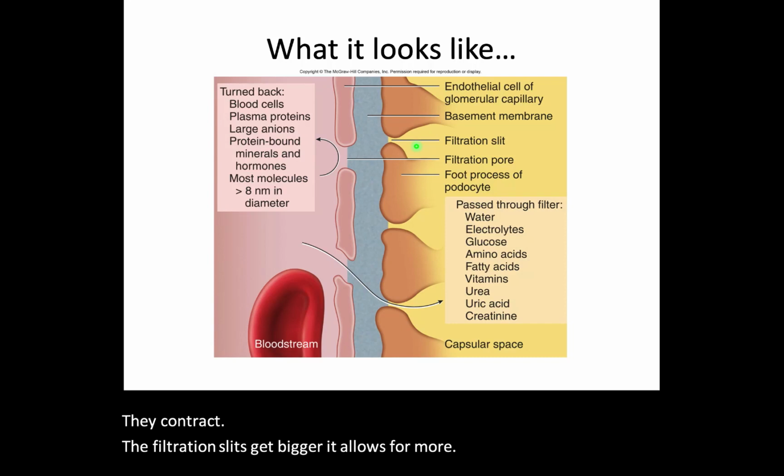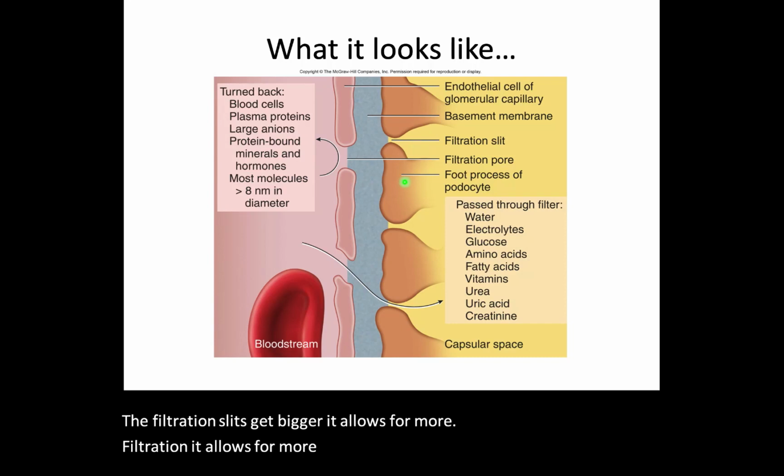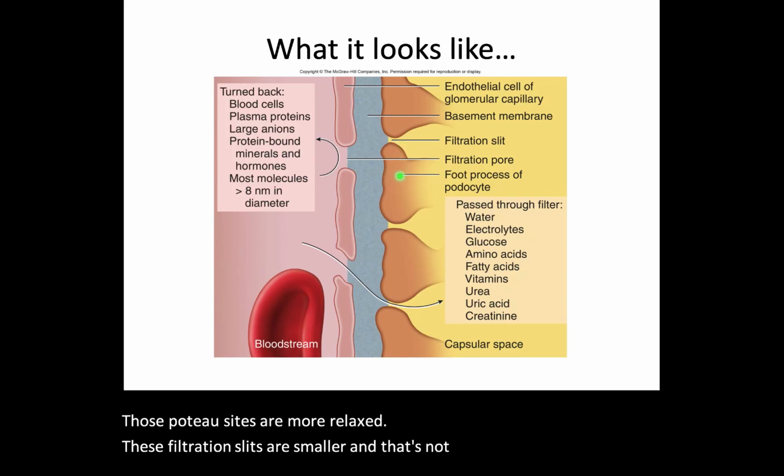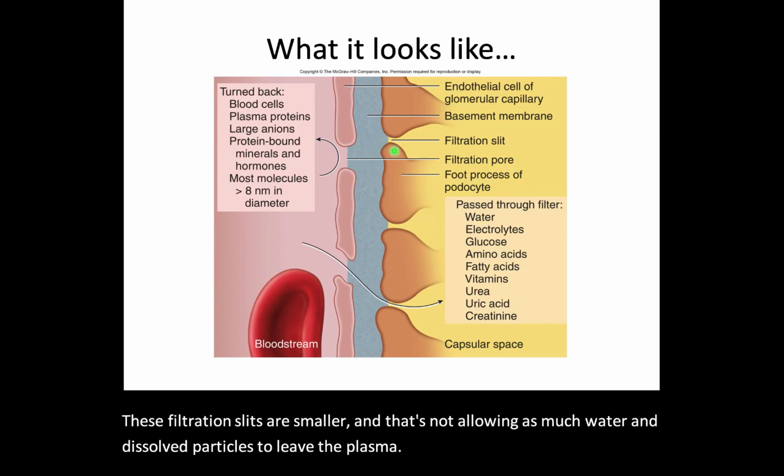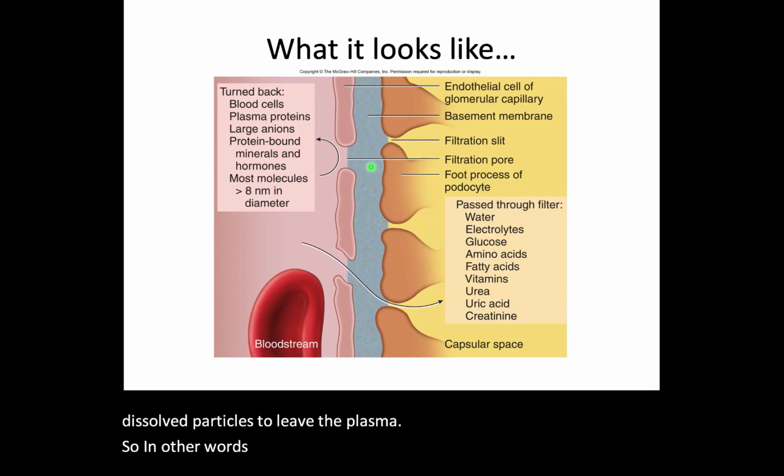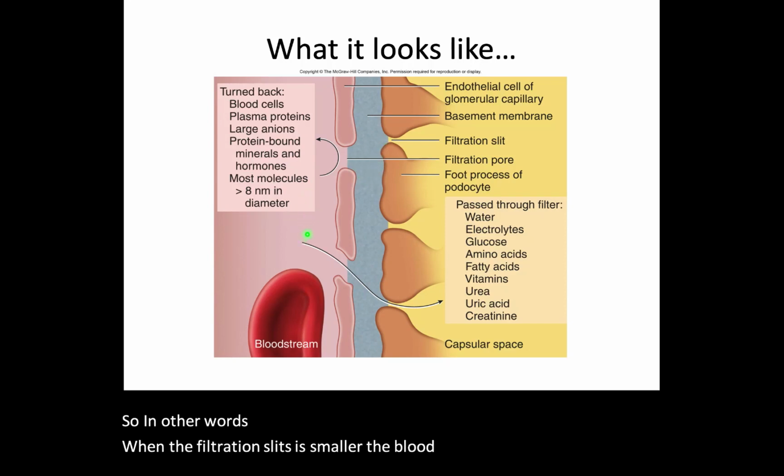It allows for more fluid to be pulled from the plasma. If those podocytes are more relaxed, these filtration slits are smaller, and that's not allowing as much water and dissolved particles to leave the plasma. So in other words, when the filtration slit is smaller, the blood is retaining more fluid.